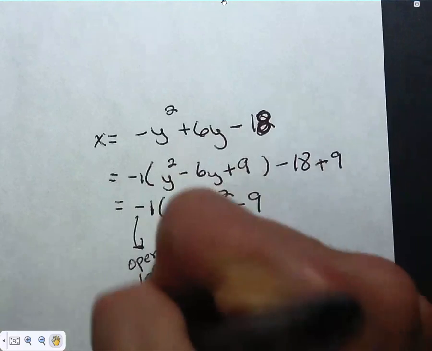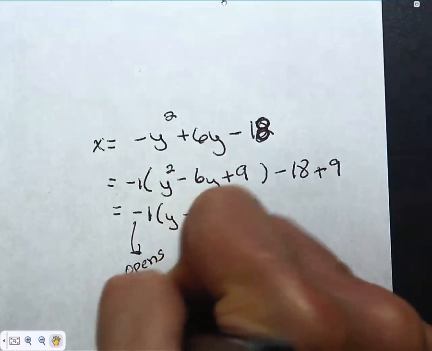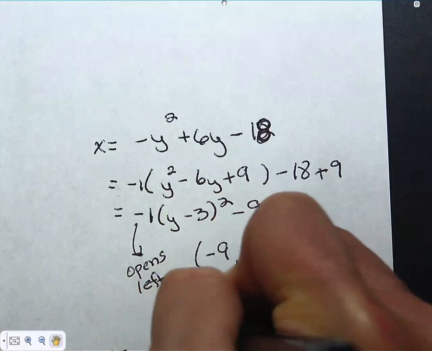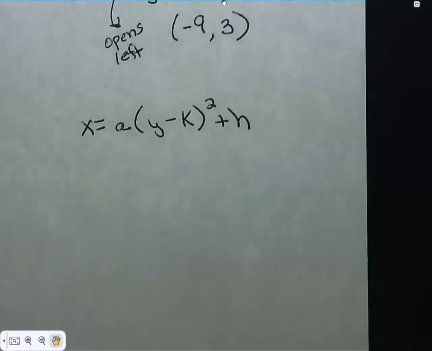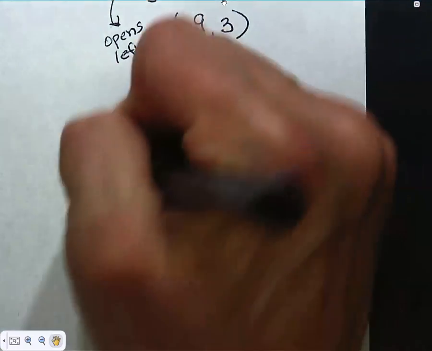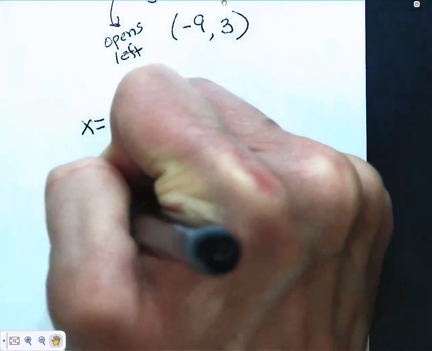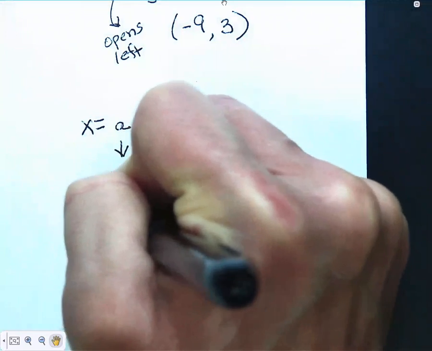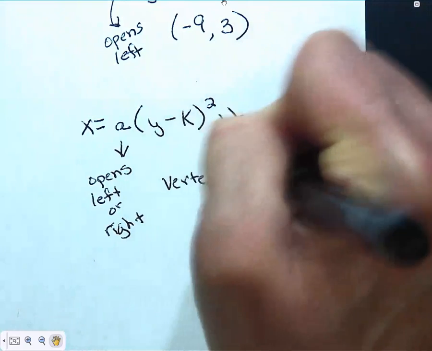Yes, the equation would be a times y minus k squared plus h. The a tells you whether it opens left or right. But the vertex is h, k.